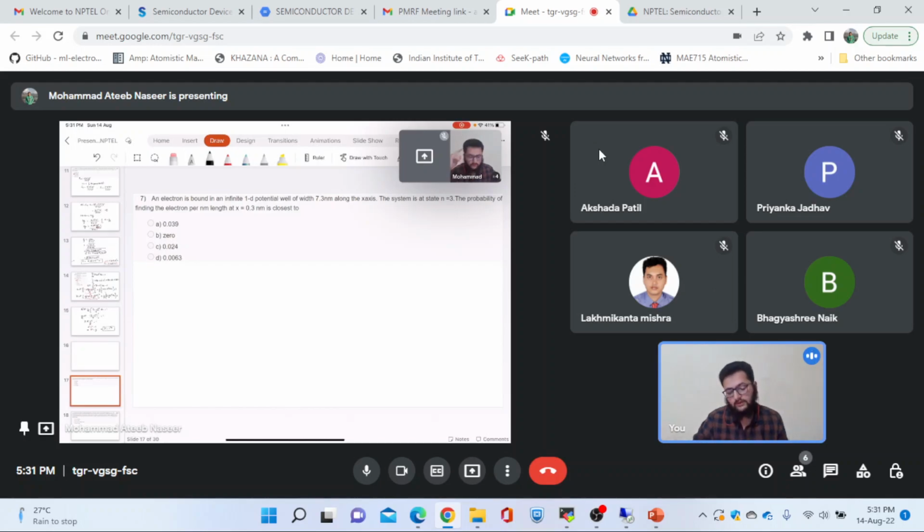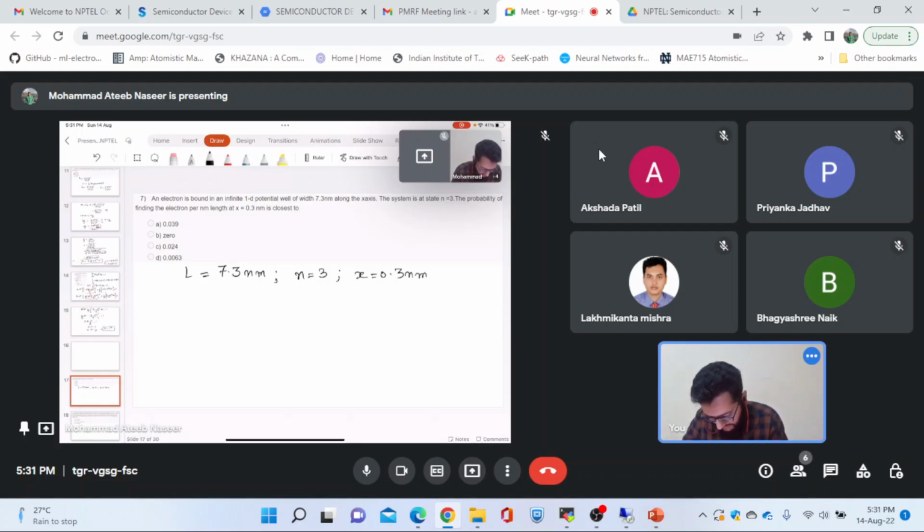We are also given that this electron is in the third state, that is n equal to 3, and we are required to find the probability of this electron per unit length at x equal to 0.3 nanometers. So it is simple. We are given the values of L equal to 7.3 nanometers, n is equal to 3, and also x equal to 0.3 nanometers.